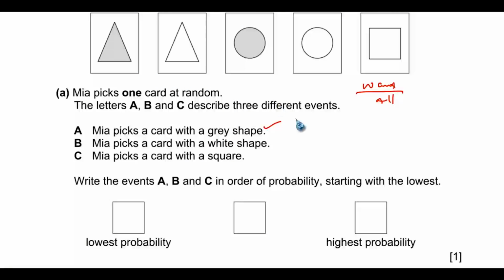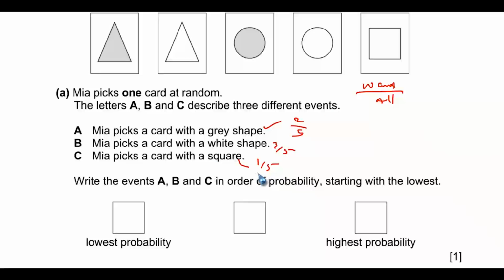So we have 2 out of 5. Okay, so the second one will be all the shapes that are white. That will be 3 out of 5. And the third one will be all the shapes that are square. So we have only one, so 1 out of 5.